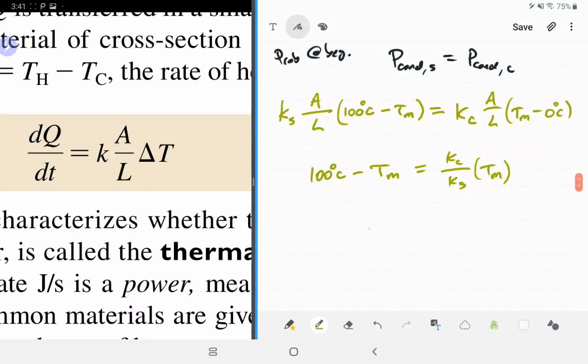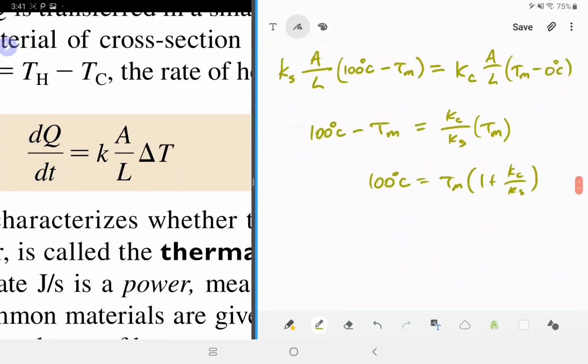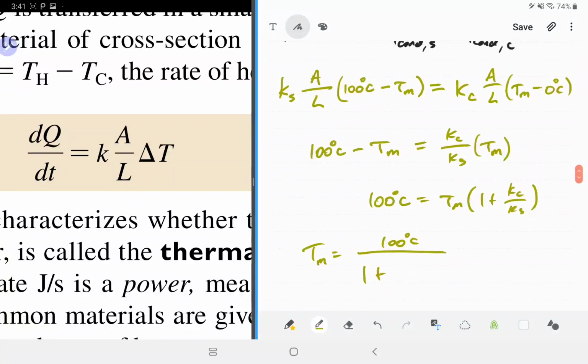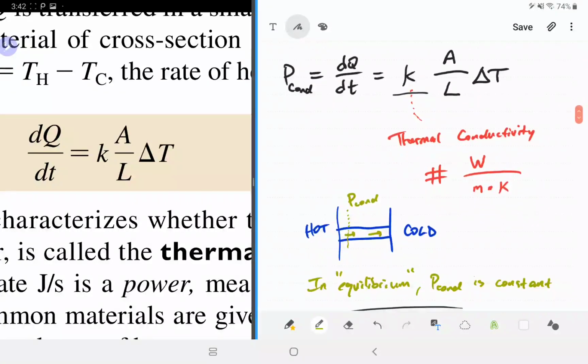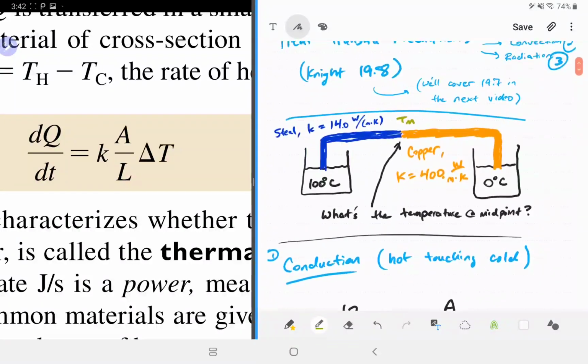So 100 degrees C is equal to Tm times 1 plus Kc over Ks. And Tm is equal to 100 degrees C divided by 1 plus, now the ratio of those two thermal conductivity coefficients are 400 to 14.